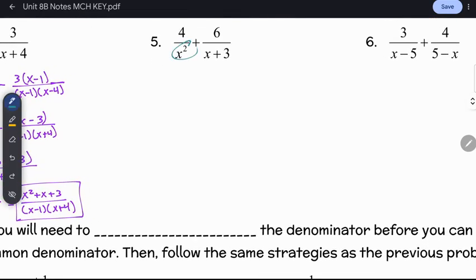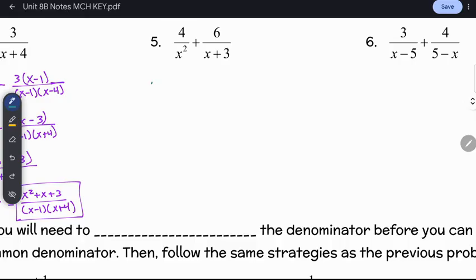Okay, so again, there's nothing in common between our denominators. So our common denominator is those two things multiplied together, which means we have to multiply this numerator by this denominator and this numerator by this denominator. So let's get started with that.